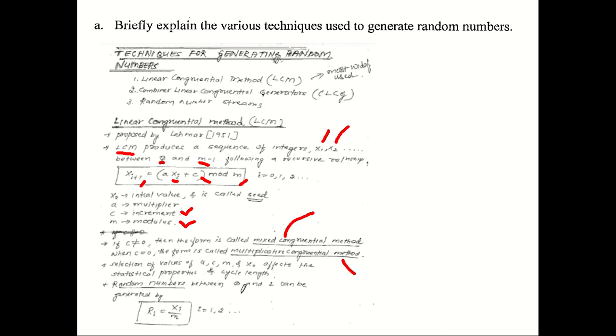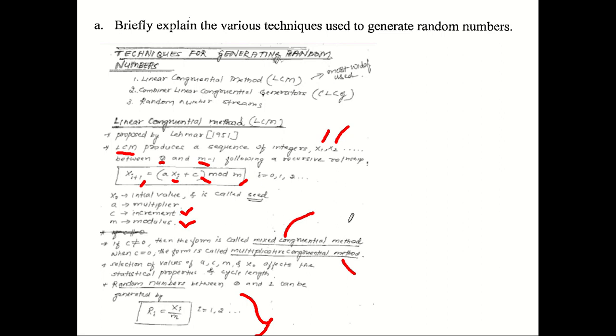Okay, and this particular formula will be used to generate a random number between 0 and 1, that is Ri equals xi divided by m.